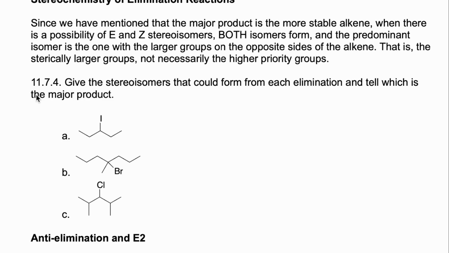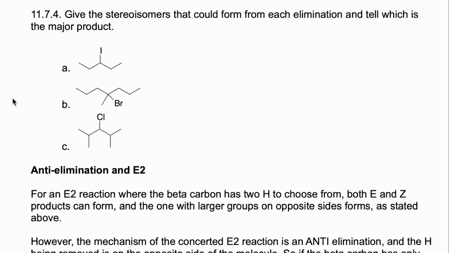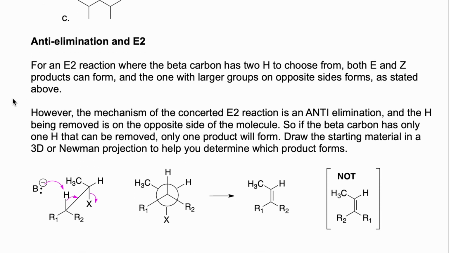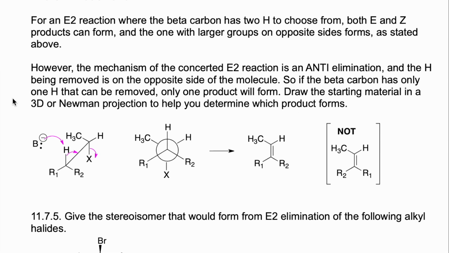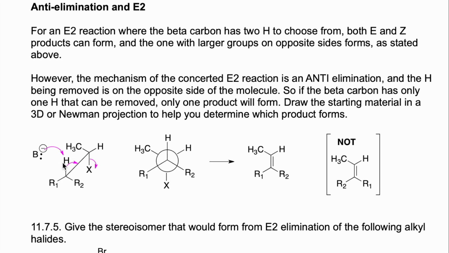So another stereochemical consideration that we mentioned before is the anti-elimination of the E2 reaction. We have to have the base coming in from one side of the newly forming pi bond and the leaving group leaving from the other side. Here we try to show this both as a stick drawing and as a Newman projection.